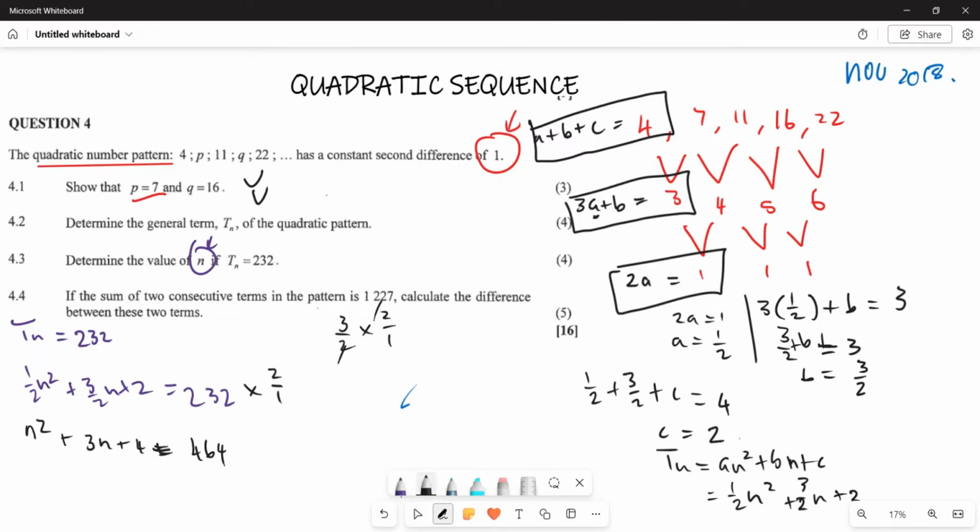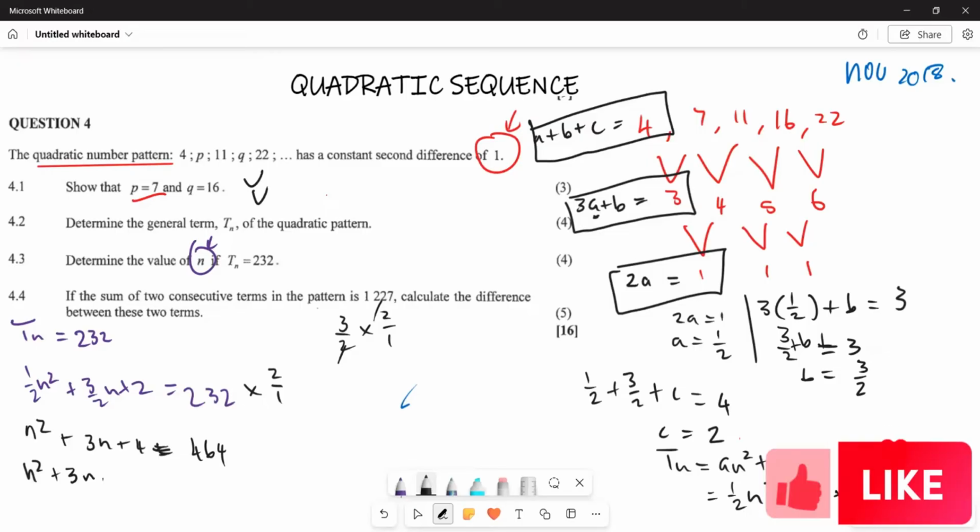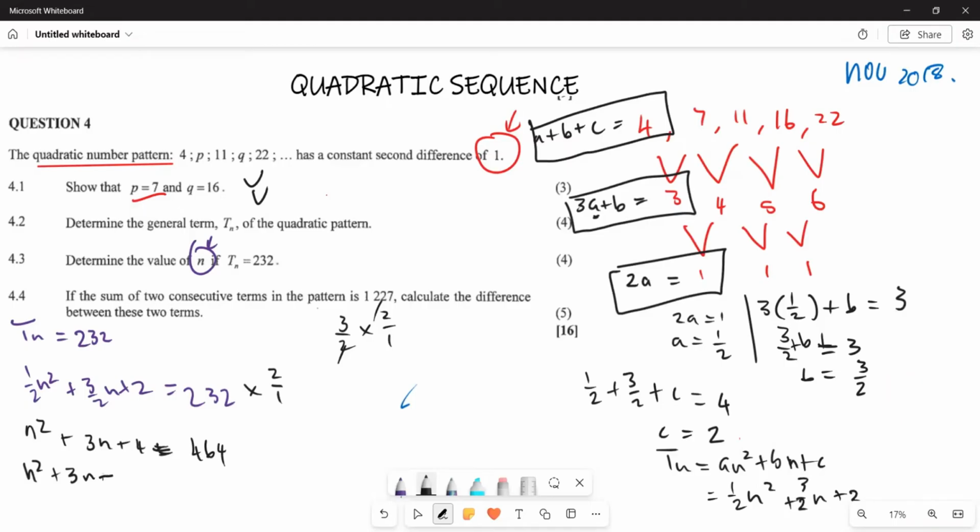And therefore, now when you make this quadratic, n squared plus 3n, then when you take this 464 across, this is going to be minus 460. Why are we saying that? Remember, when you're taking this one this side, this is going to be negative 464, and when you say negative 464 plus 4, then you're going to get your 460.